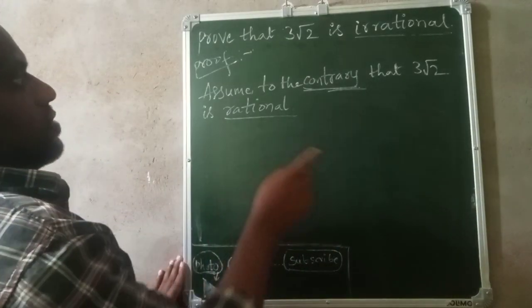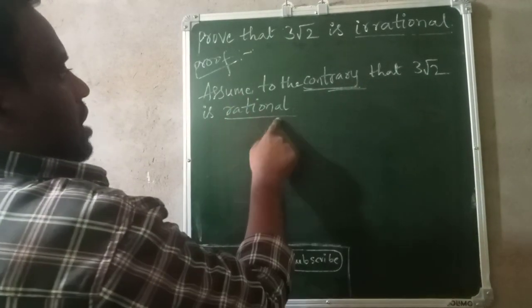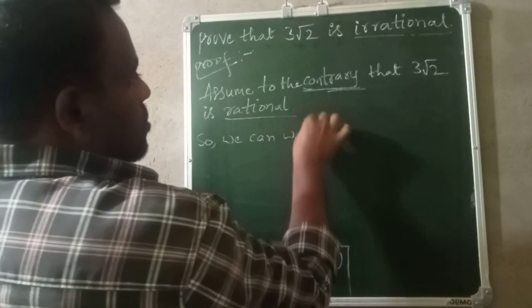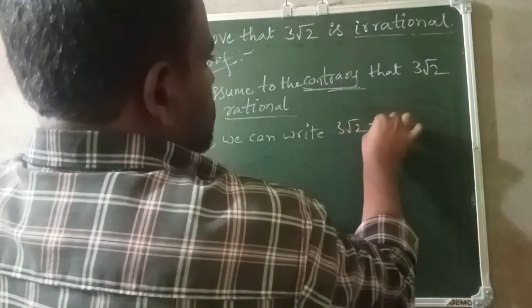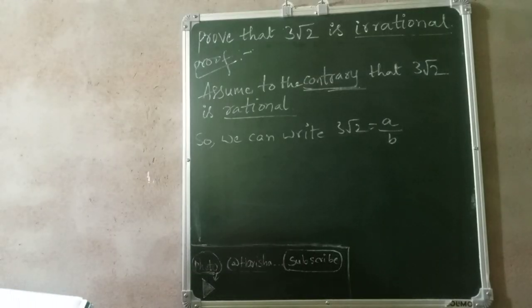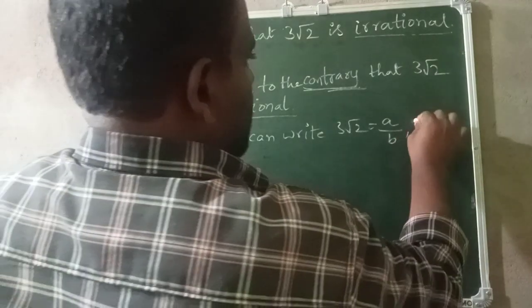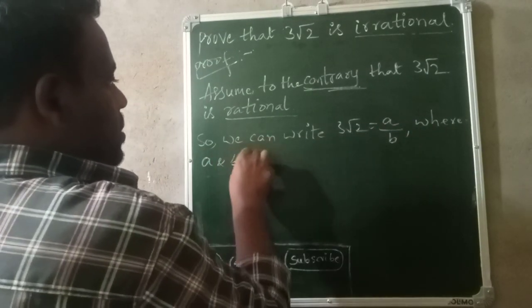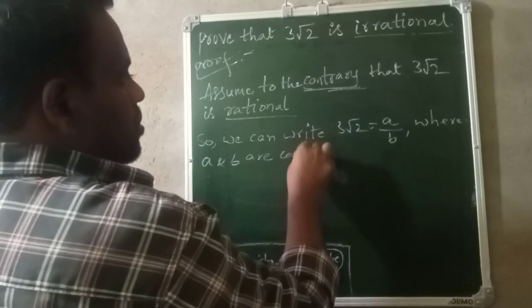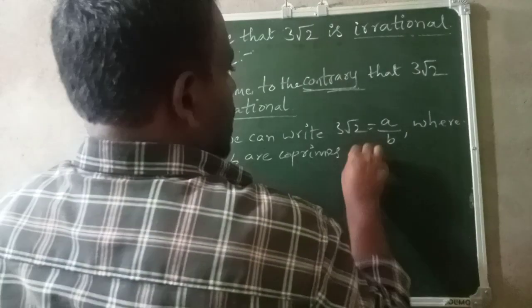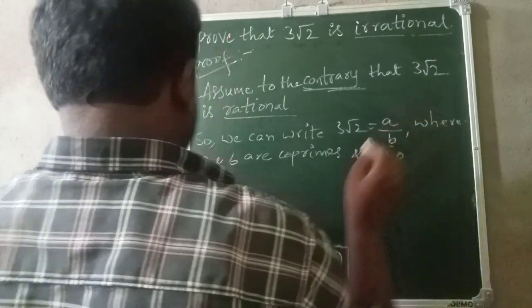Based on this, since we are assuming 3 root 2 is rational, we can write 3 root 2 is equal to a by b, where a and b are co-primes and b is not equal to 0.